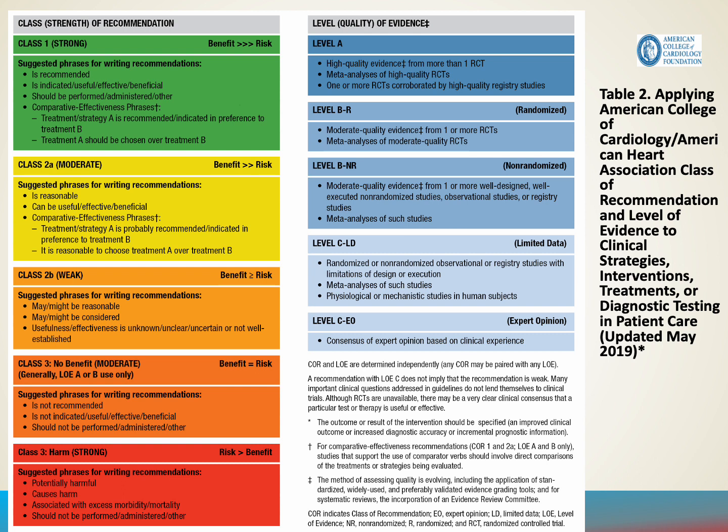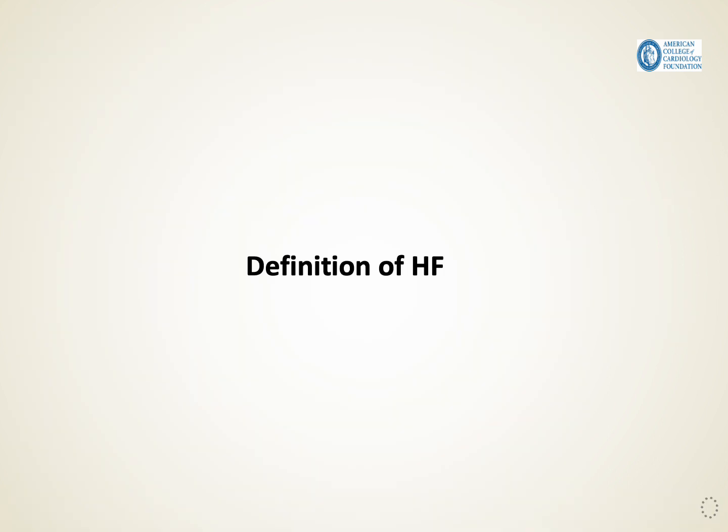Yellow, less so. Orange, less so. When you get down to red, there's really harm associated with that intervention. So really what you're trying to look at is what are some of the stronger recommendations they make, and what's the quality of that evidence. When you look at the graphics and the slides, it's easy to pick that out.